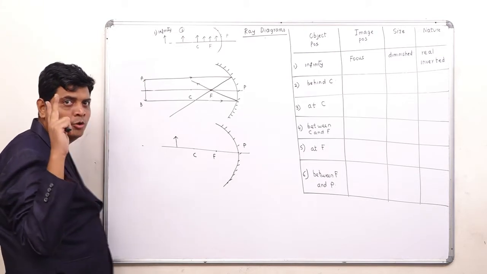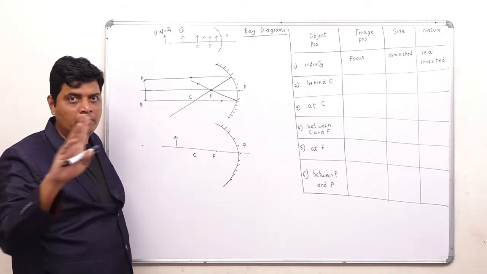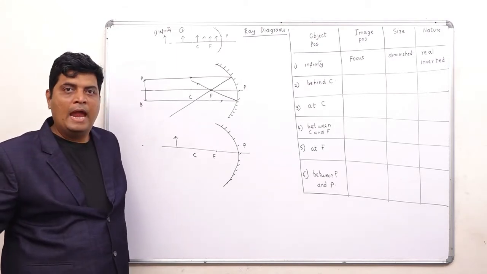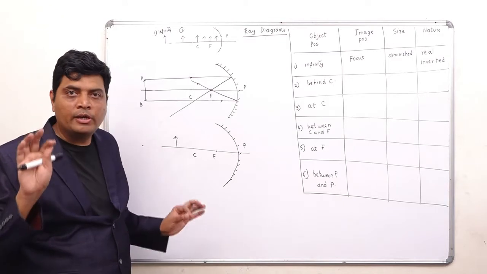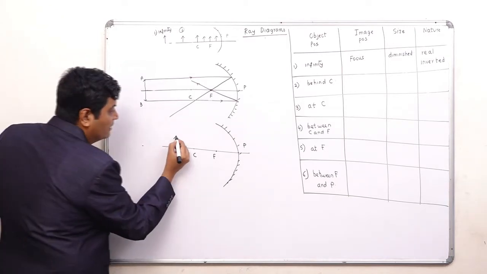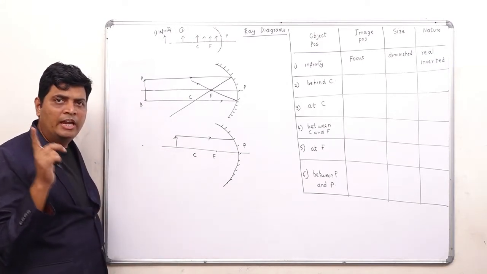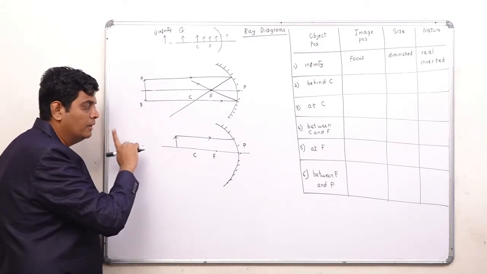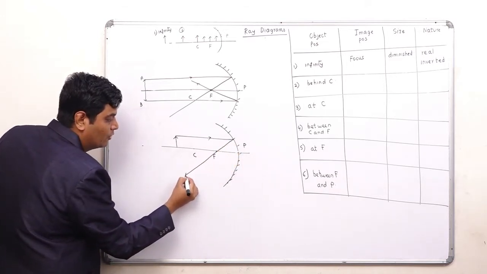First, I am going to draw two rays. One ray is going to be parallel to the principal axis always. And the second ray is going to pass through any one of the important points. So now my first ray is parallel to the principal axis. What does the rule say? If the incident ray is parallel to the principal axis, the reflected ray passes through the focus.